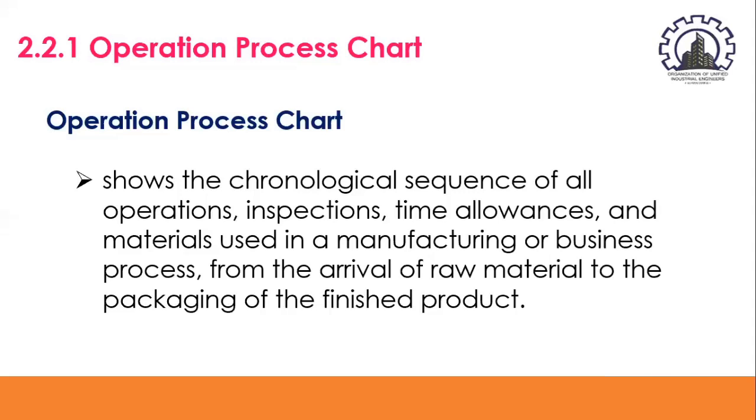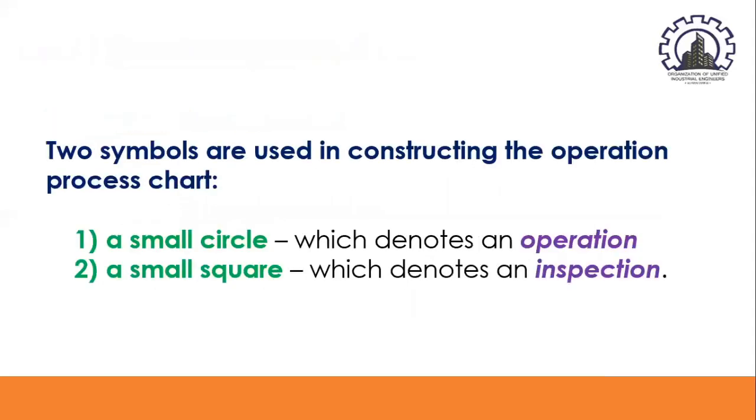Now, we have to take note that when we discuss the operation process chart, we have to remember these two symbols. The two symbols that we need to always remember in constructing the operation process chart would be a small circle and a small square.